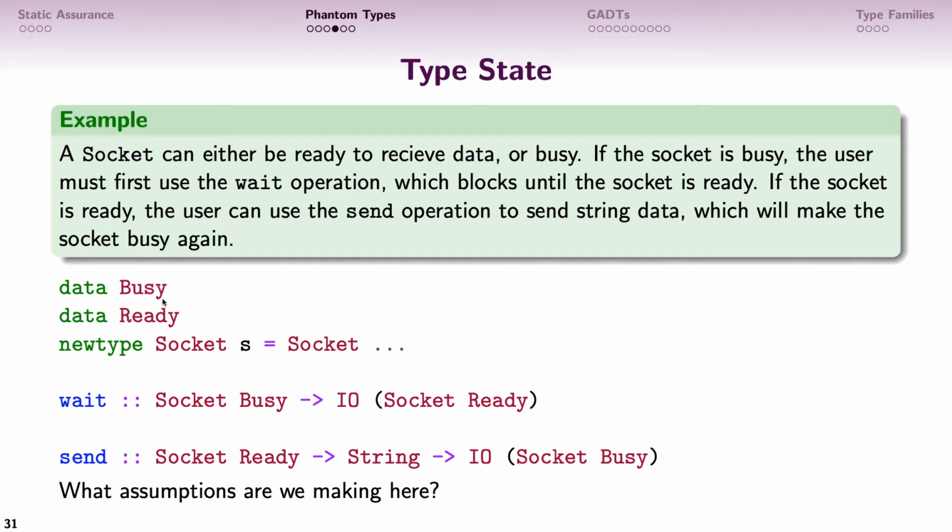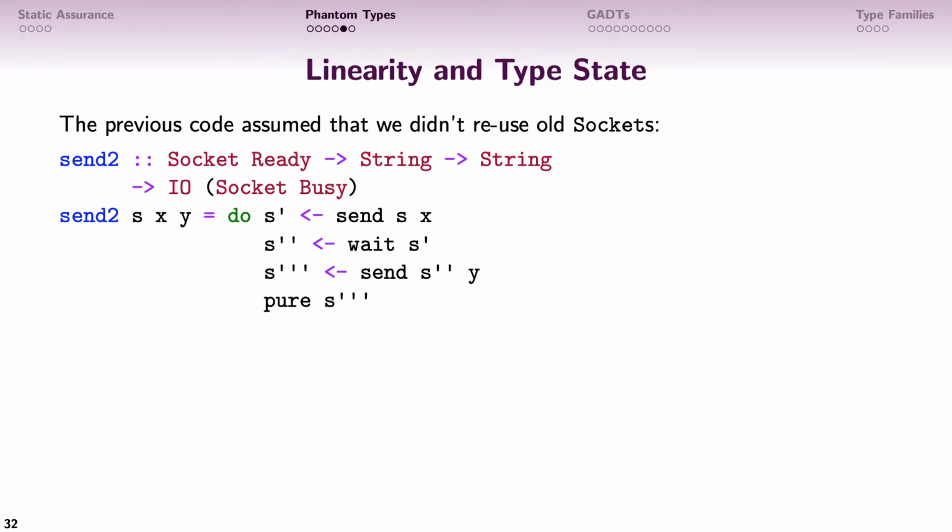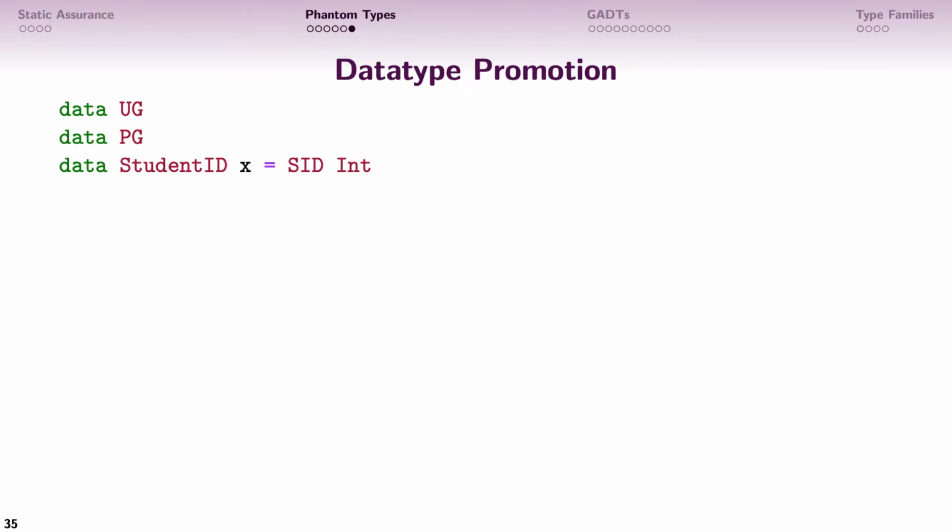All of these extra type tags are of kind star, right? So we have, in our student ID example, student ID by itself, this word, is of kind star to star, right? Whereas that means UG and PG are of kind star.